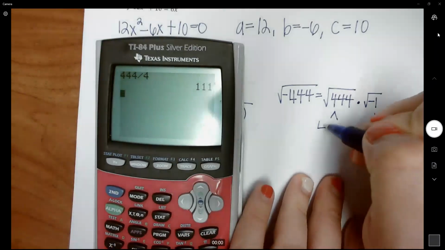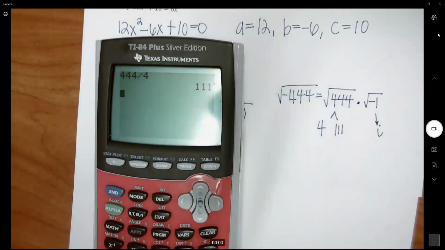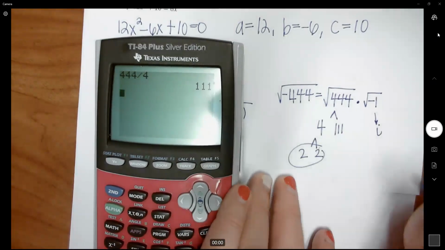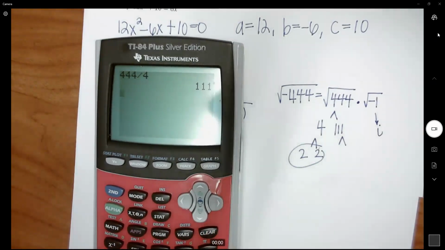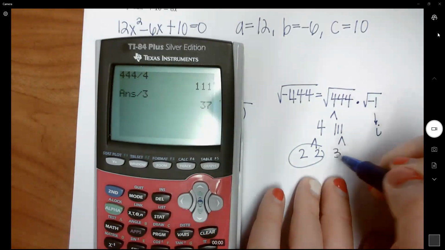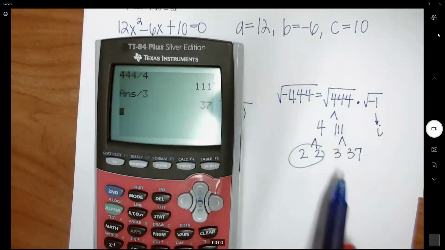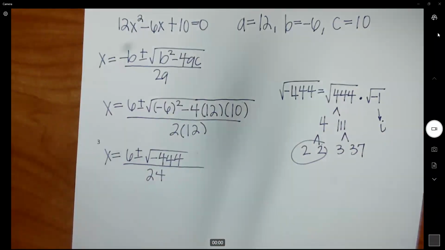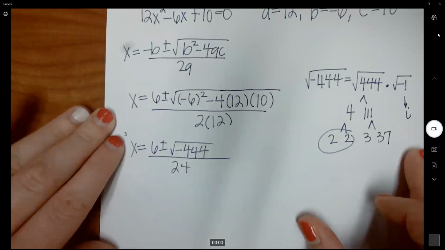Well, there we go. We get 111. 4 can be broken down to 2 and 2, so there's a pair. I know I can break this down by 3, and we get 3 and 37, but 3 is prime and 37 is prime. So we can't break that down anymore.